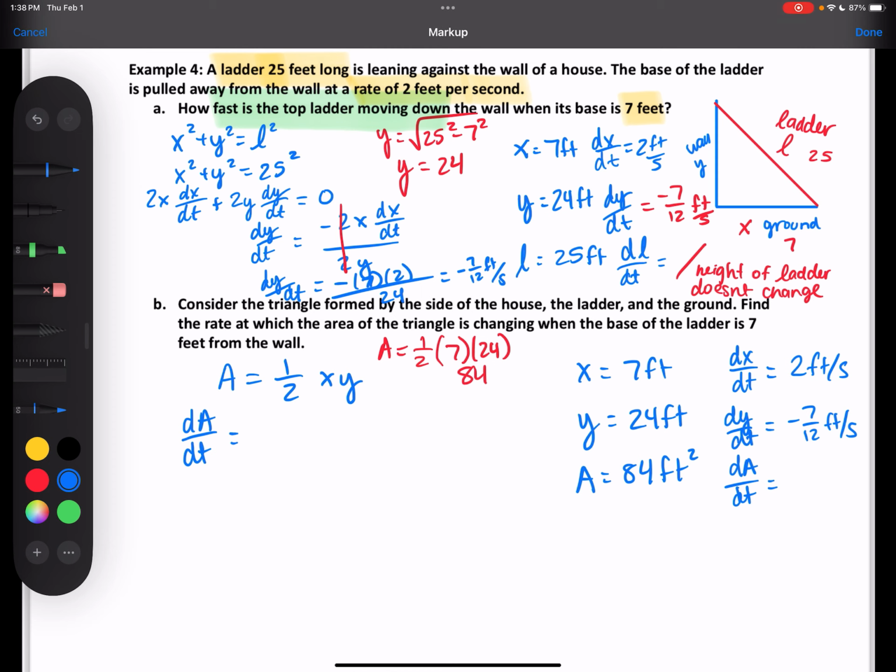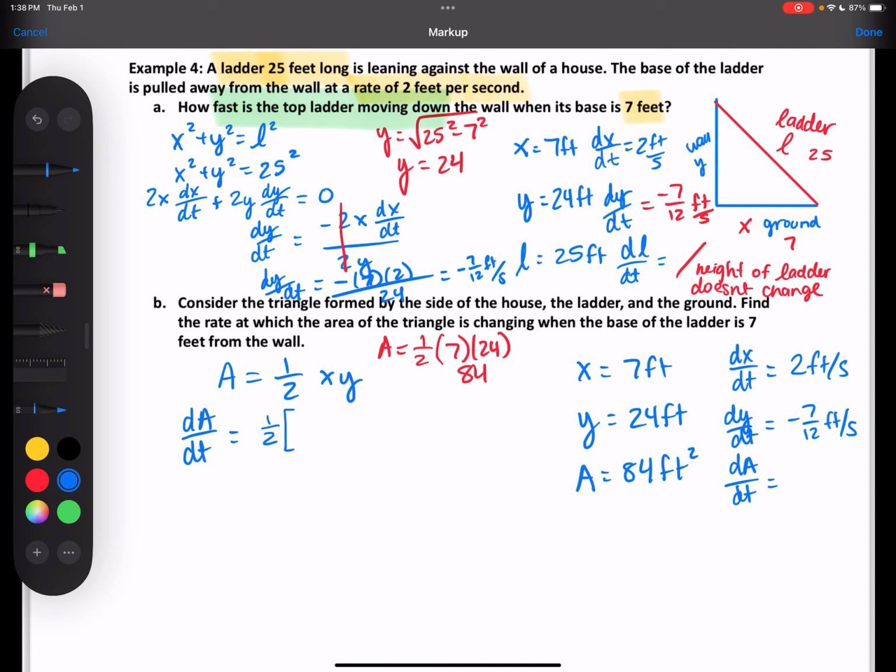If you want to just do the 1/2 out front and not have to worry about it, we can just multiply it through at the end. You can do it either way, but okay, so let's do that.